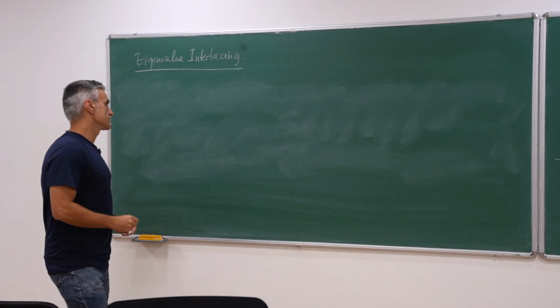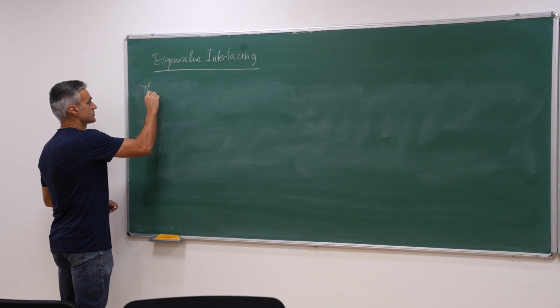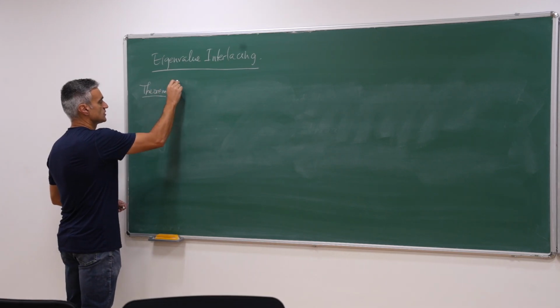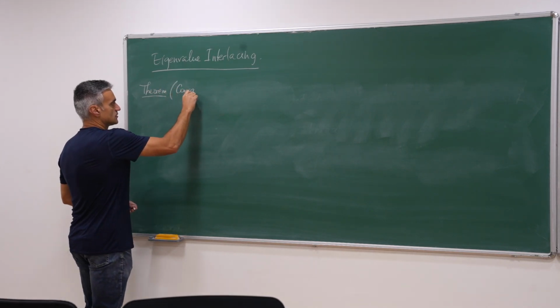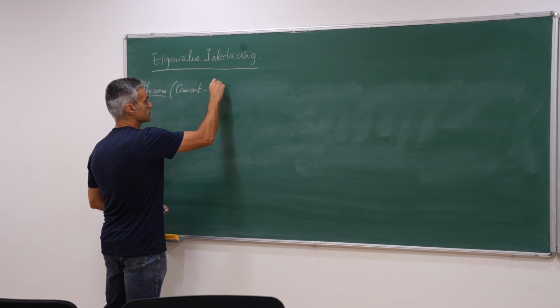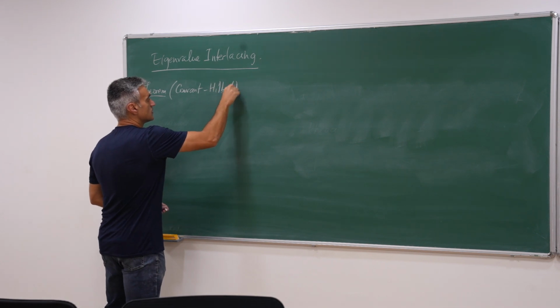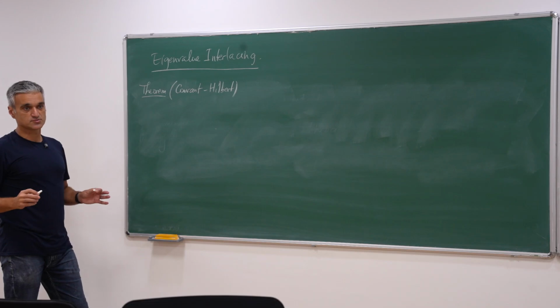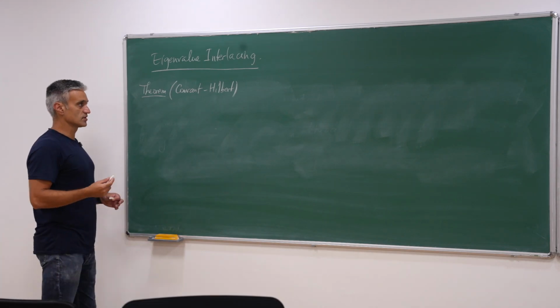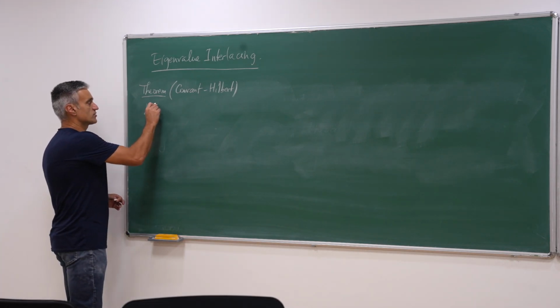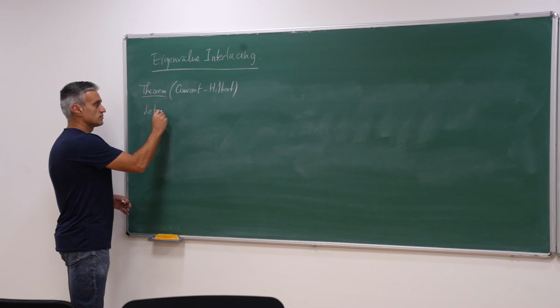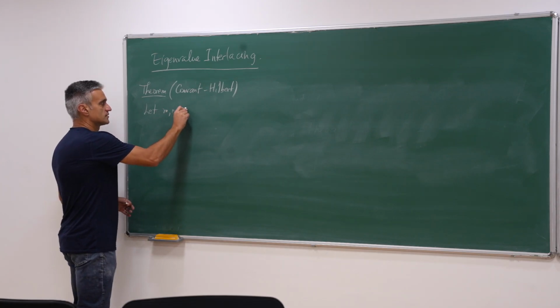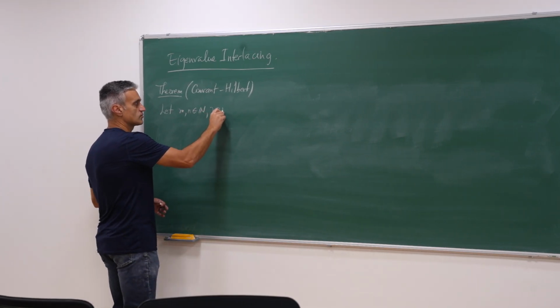As before, this is a theorem that sometimes in the books you'll see attributed to Courant-Hilbert. It works for Hermitian matrices, but we'll do it just for real symmetric matrices because that's how we'll apply it. As before, we have two numbers, m and n, and n is the bigger one.